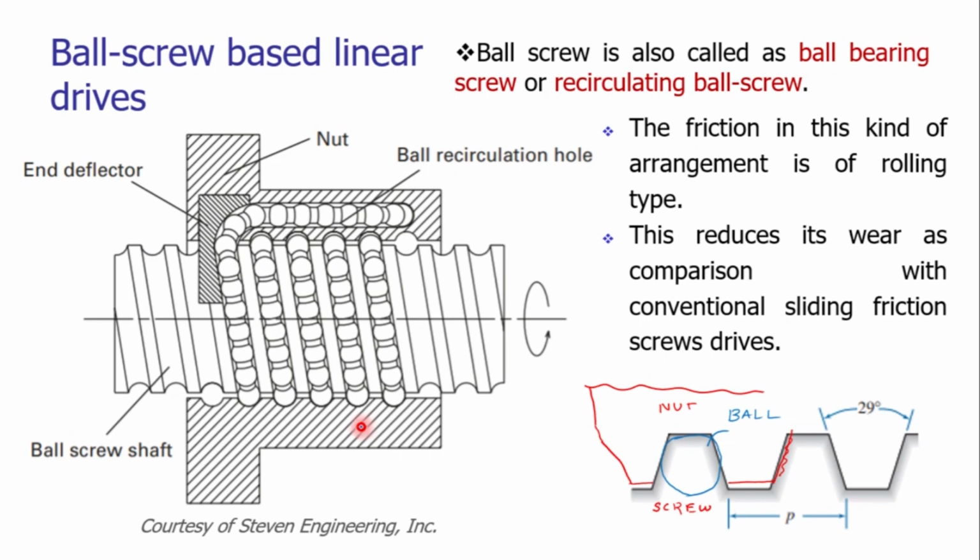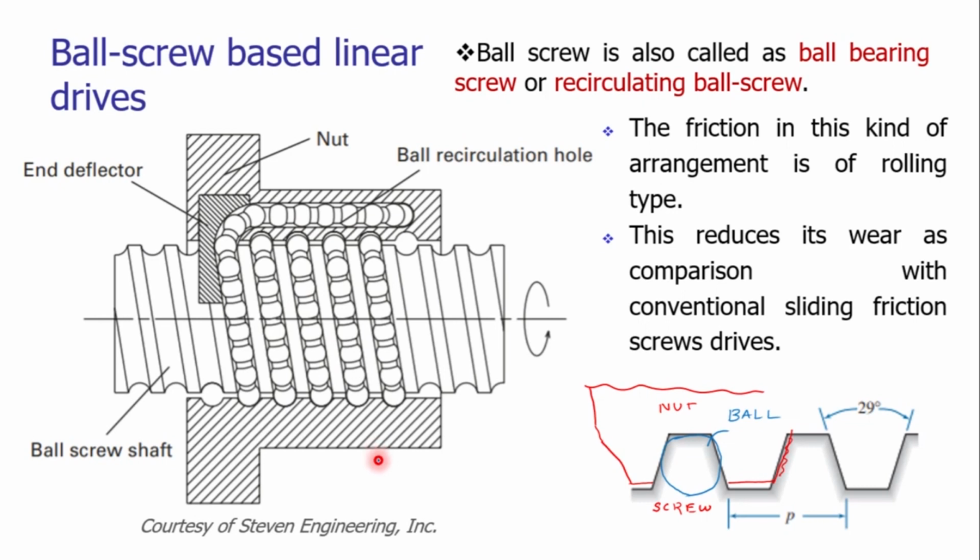These ground, polished, fine-finished balls are utilized to transfer the rotary motion of the screw to the nut. And as we know, if we restrict the rotary motion, the nut will start traveling along the axial direction, along the longitudinal direction.